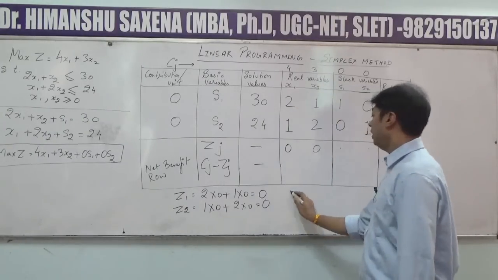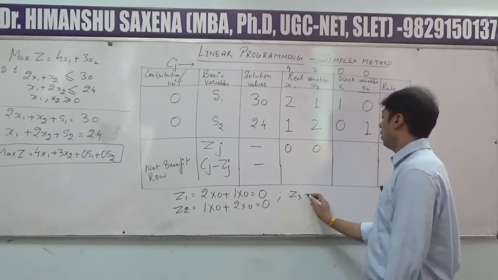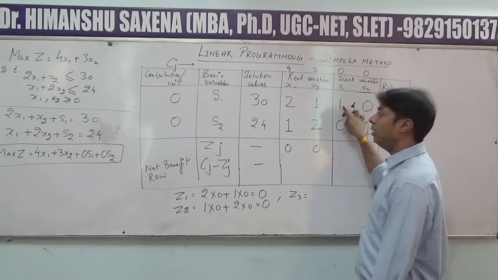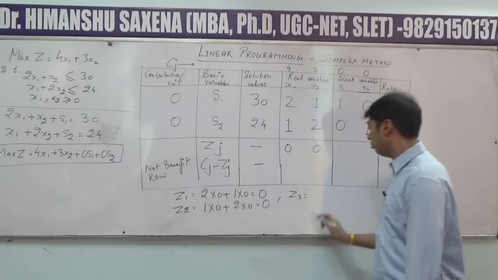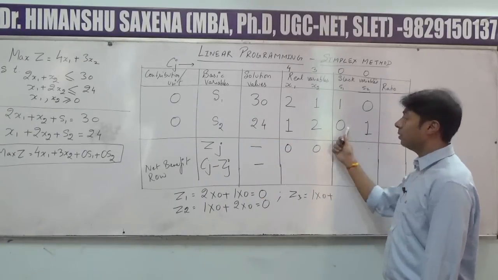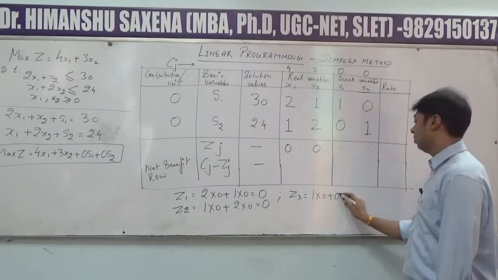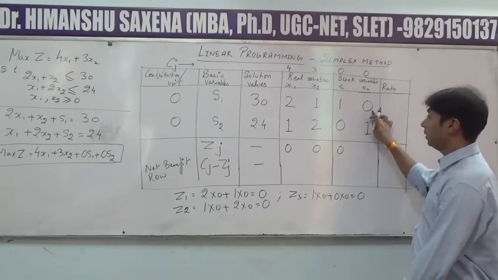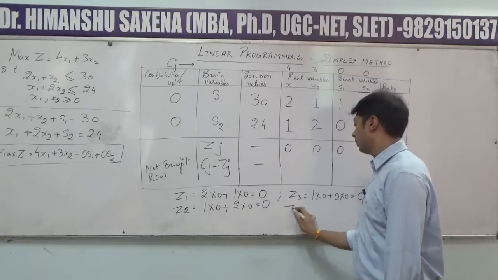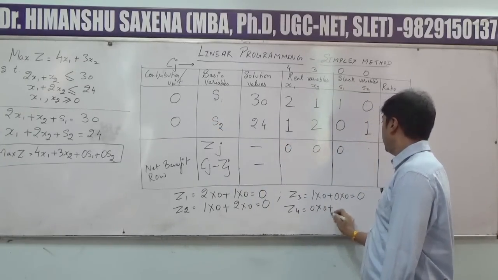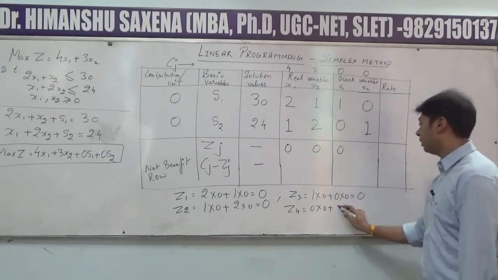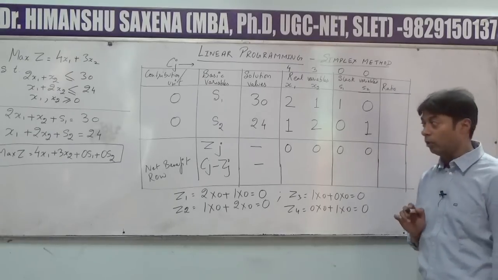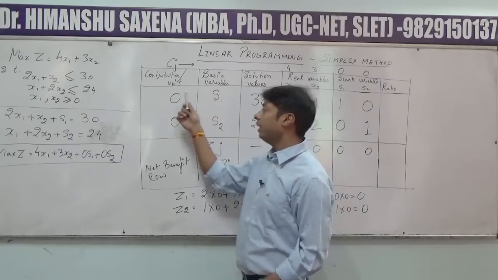Similarly, for Z3 we follow the same procedure: 1 multiplied by 0 and 0 multiplied by 0 will give you 0 only. Finally, 0 multiplied by 0 and 1 multiplied by 0. So all these values initially will be equal to 0 since the profits right in front of them are equal to 0.